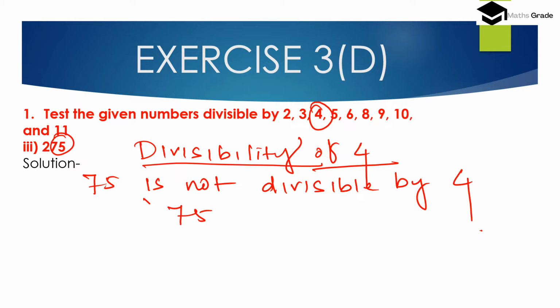If we divide 75 by 4, then 4 ones are 4, 35, and 4 eights are 32. 3 is the remainder. So 75 is not divisible by 4. So 275 is not divisible by 4.